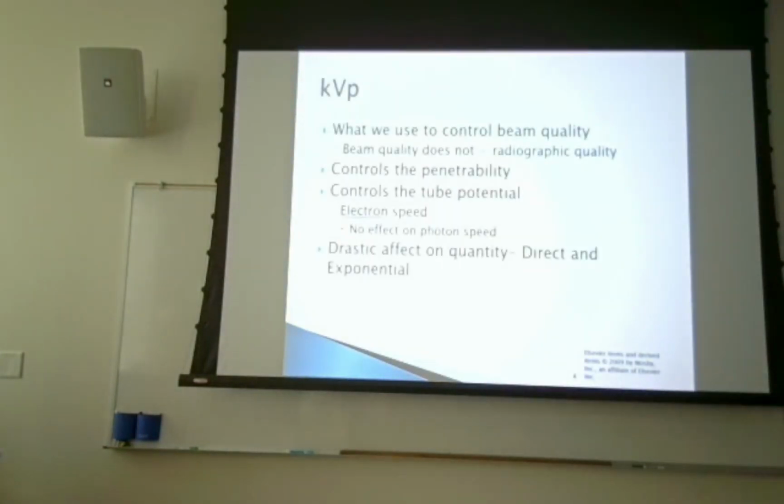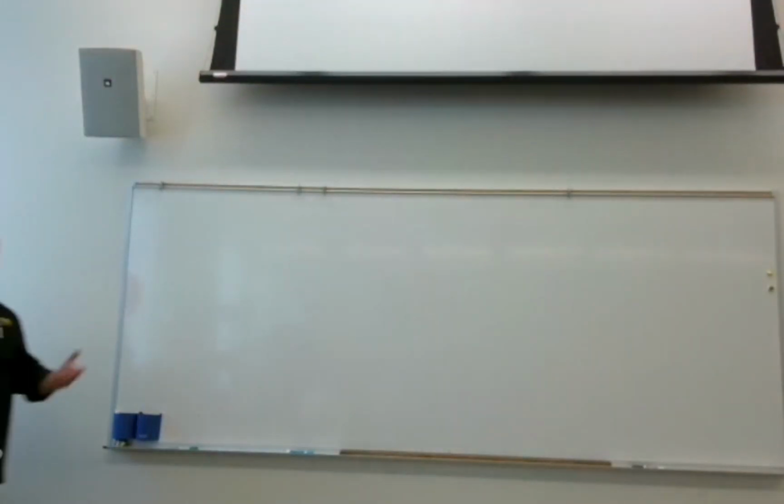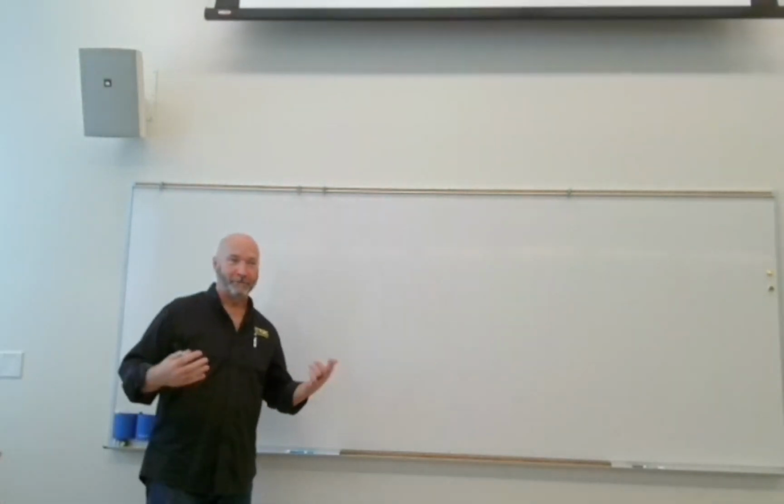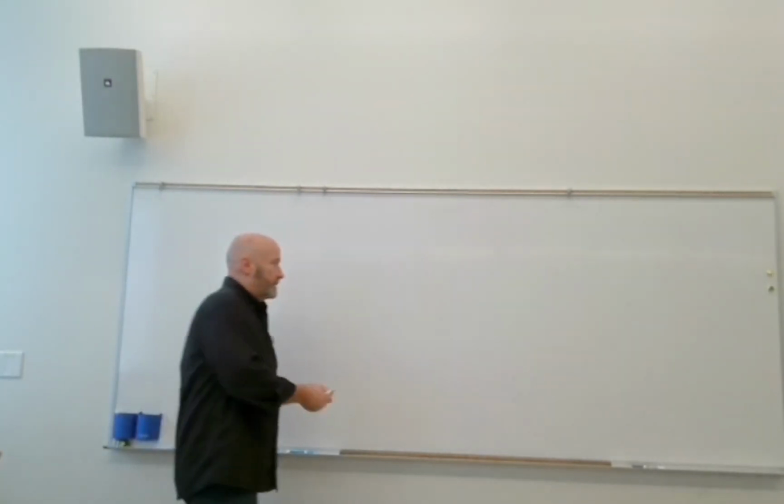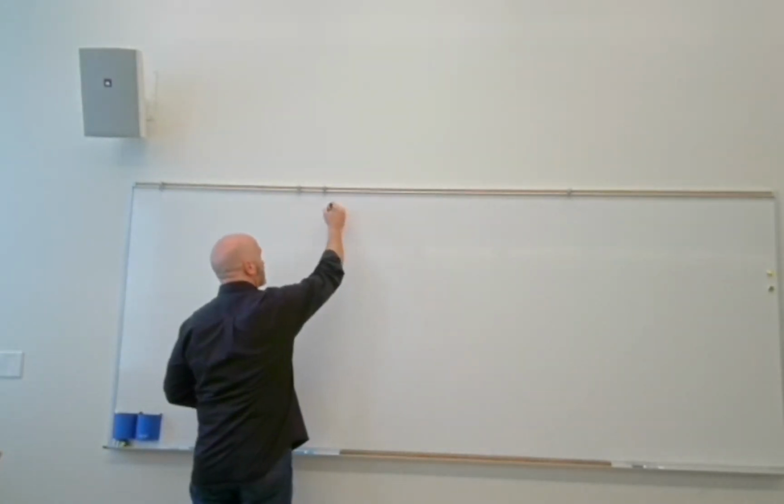So let's do this. Get rid of that. And do the Brems spectrum for the last time in your life. You might see it on the registry, but as far as drawing it out, this will be the last time. So let's do it like this.